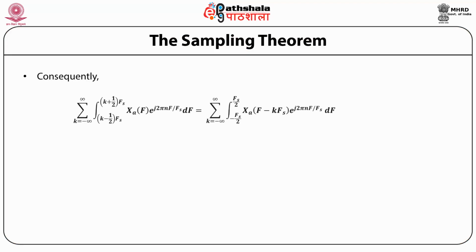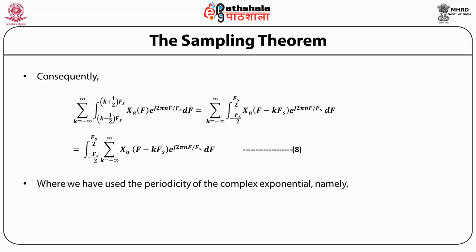Consequently, the summation over k, integral from k minus half fs to k plus half fs of xa(f) exponential j2 pi nf by fs df, is equal to the summation over k from minus infinity to infinity, integral from minus fs by 2 to plus fs by 2 of xa(f minus kfs) exponential j2 pi nf by fs df.